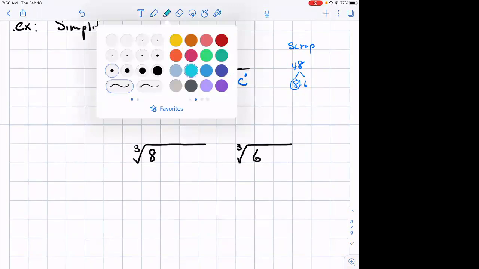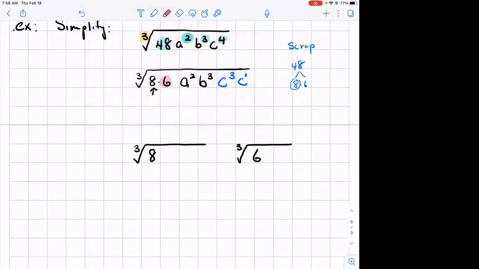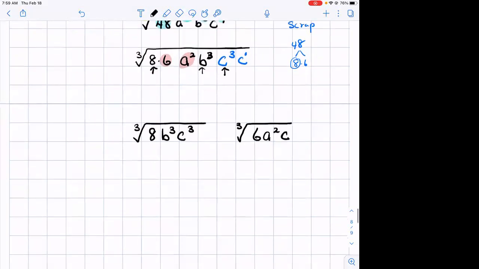So we don't know the cube root of 6. We don't know the cube root of a squared, so I put that over here. However, b cubed can be simplified because the power is divisible by 3. c cubed, okay, can be simplified, but c by itself cannot.